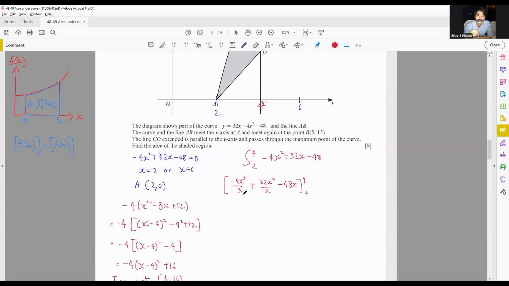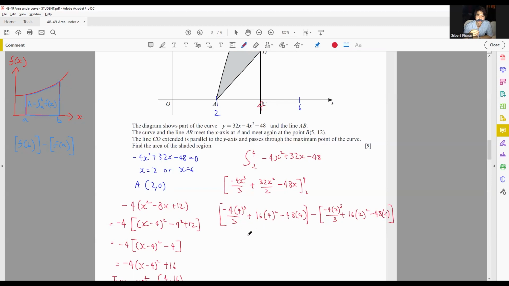Substituting for the values in here, negative 4 times 4 cubed over 3 plus 16 times 4 squared minus 48 times 4. This value here minus the substitution of 2, so it's negative 4 times 2 cubed over 3 plus 16 times 2 squared minus 48 times 2, right?